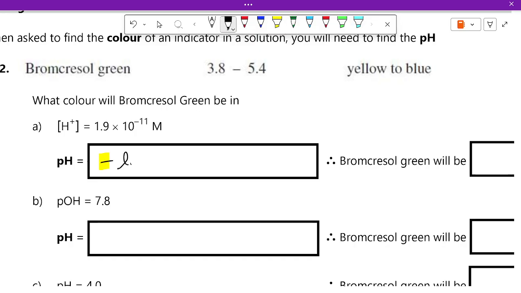A negative log of concentration of H, 1.9 times 10 to the negative 11, which is 10.72.